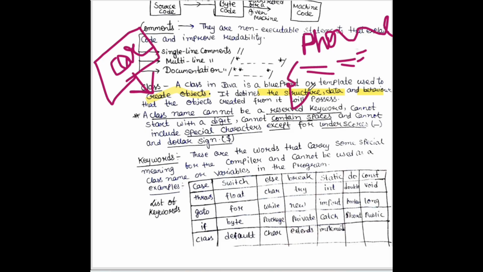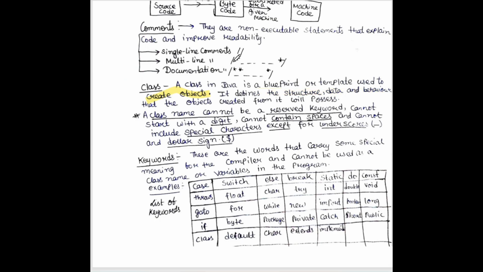All are different, but we will consider them as a mobile phone only. मतलब phone है but सब phone ही कहलाएगा ना, companies are different but phone ही कहलाएगा ना. So class is one and in that objects are there. I hope it is clear. I have given you many examples. So it defines the structure, data, behavior that the objects created from it will possess.